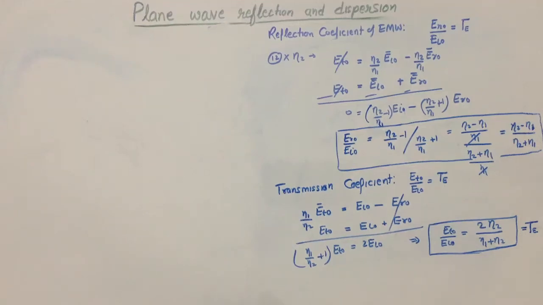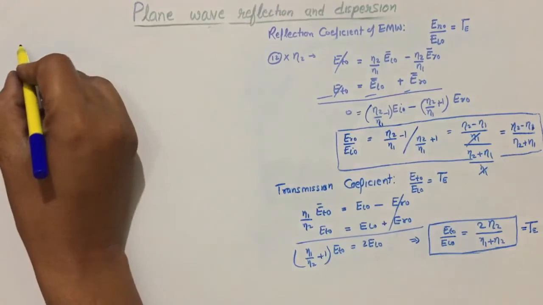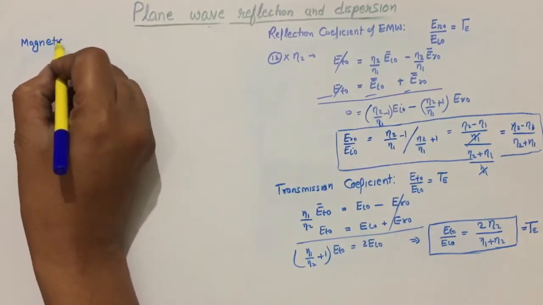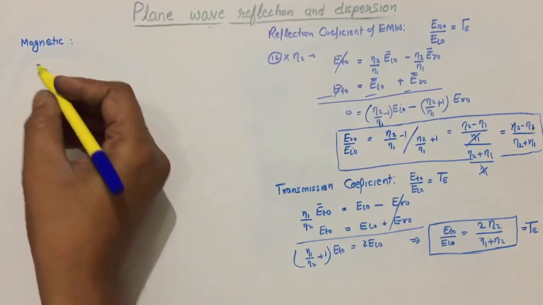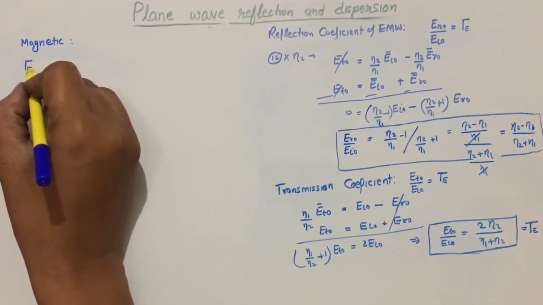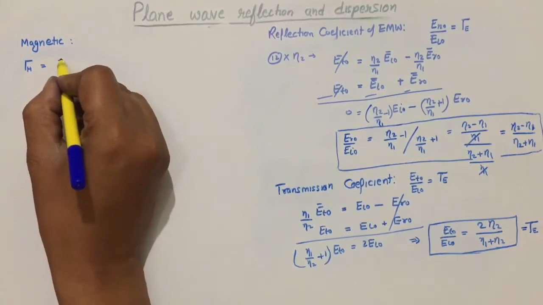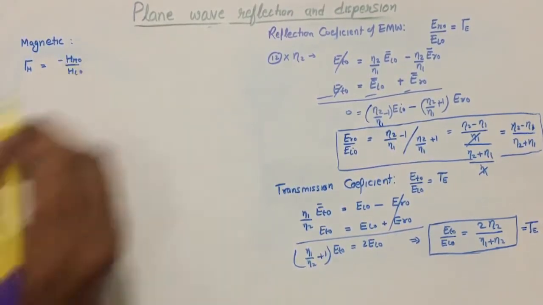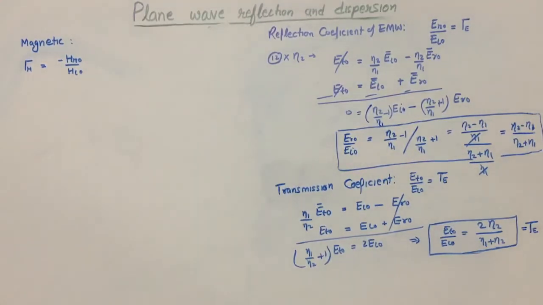Now, if we wish to find the transmission and reflection coefficient for magnetic wave, then in case of magnetic wave, the reflection coefficient will be reflection divided by incidence. The formula will remain same.